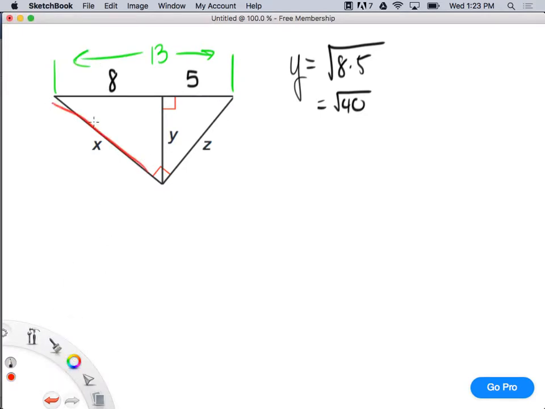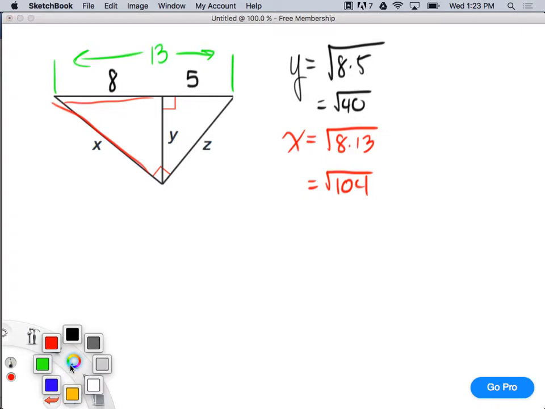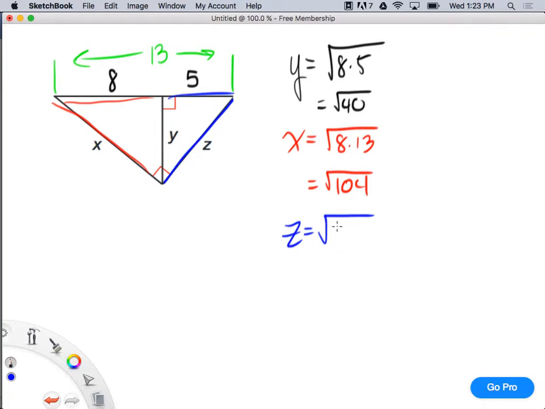So x is the square root of 8 times 13, which is the square root of 104. And z is the square root of 5 times 13, which is the square root of 65.